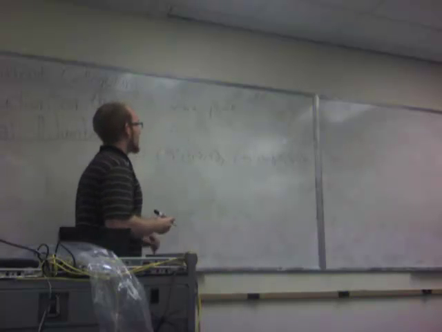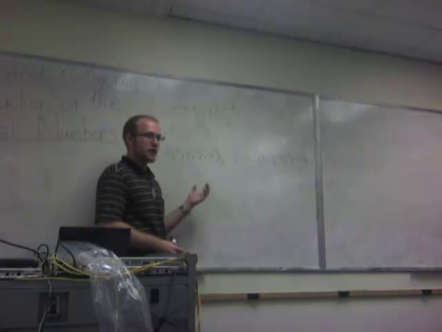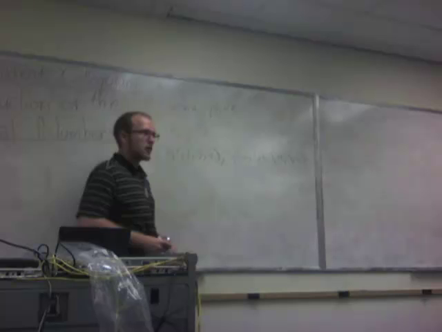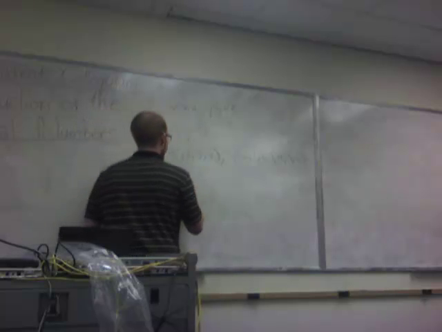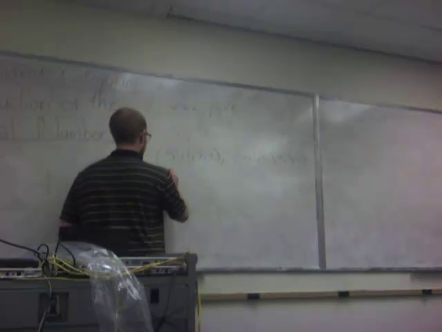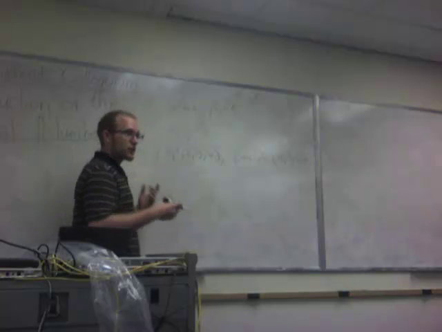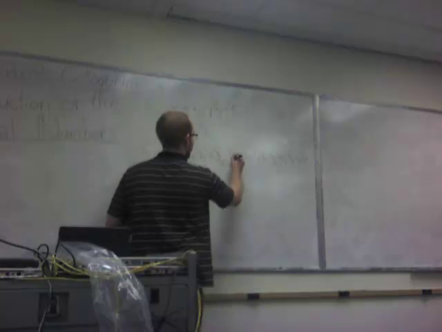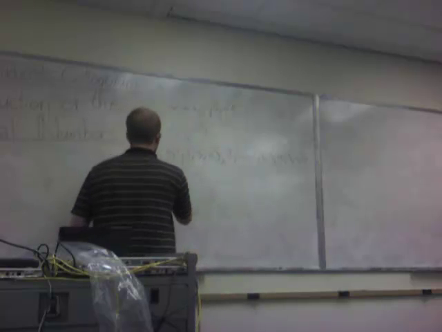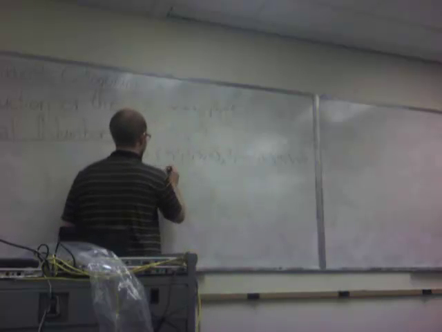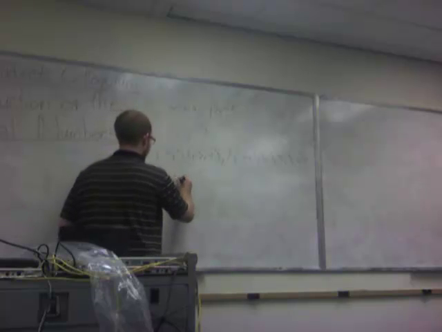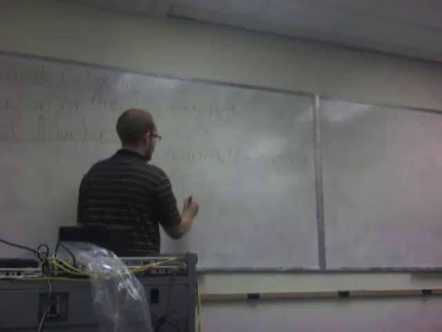Now, how do I construct a new set that is going to have 5 plus 7 elements in it? The way we define this is we are going to construct 2 sets, and we're going to union them. This is the set 5, this is the set 7. We will create the set 5 Cartesian product with the set containing 0.